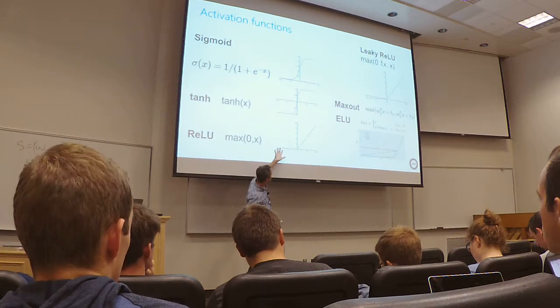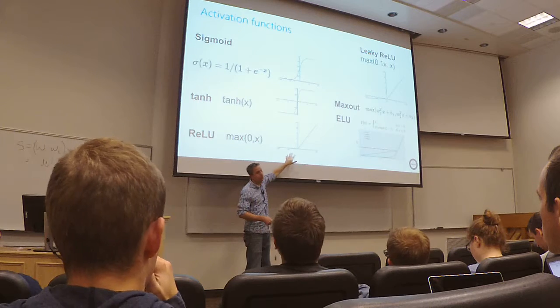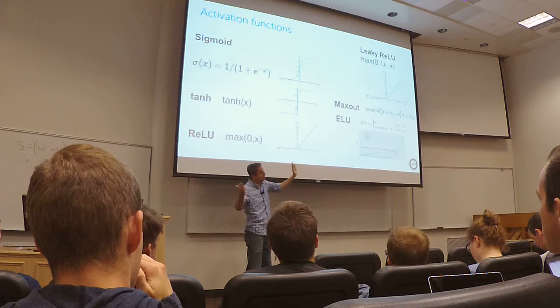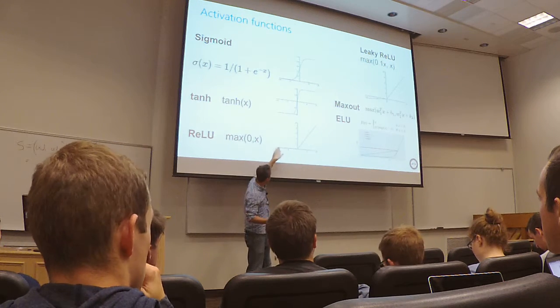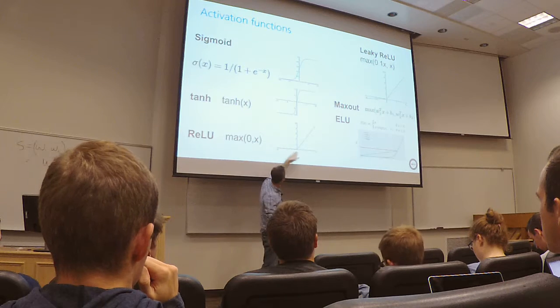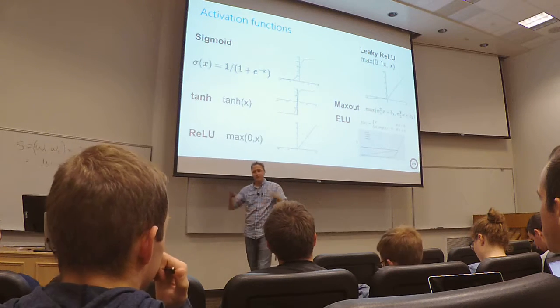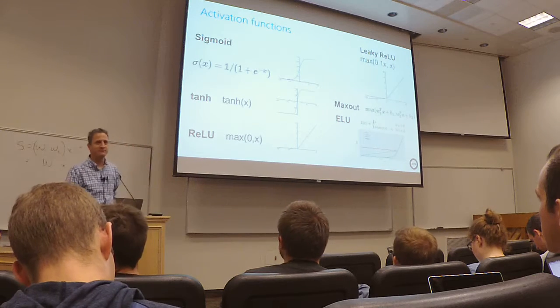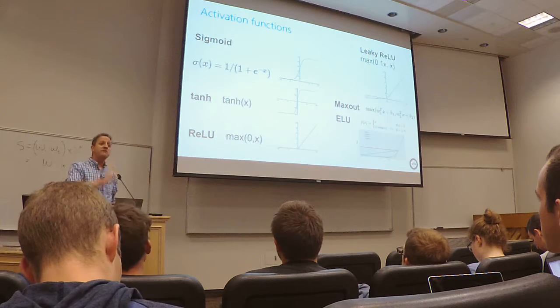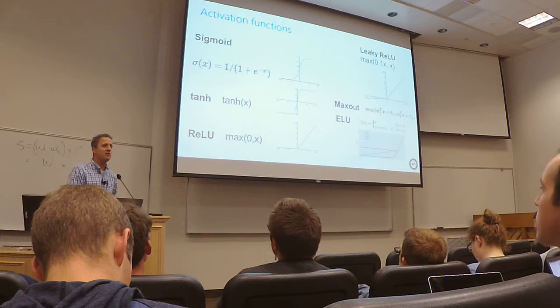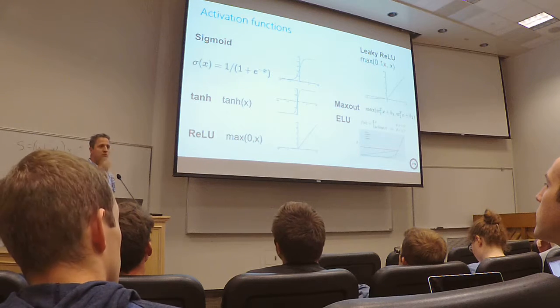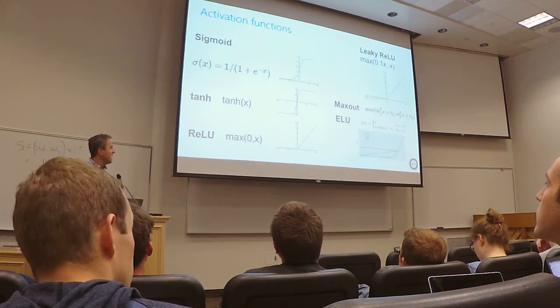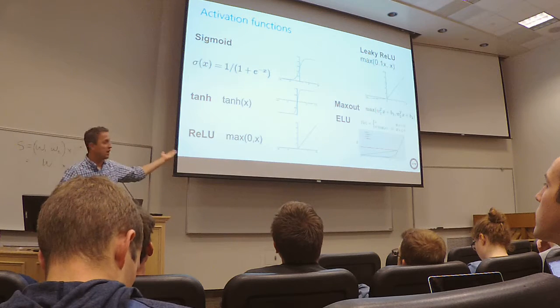It's literally a piecewise linear function, and piecewise linear is still nonlinear. It has two pieces, a 0 piece here and an identity piece there. If you had to come up with a really dumb nonlinear function, this is it. But it turns out this is sufficiently nonlinear to power most of modern deep learning. And it has some beautiful properties as well, which we'll talk about.